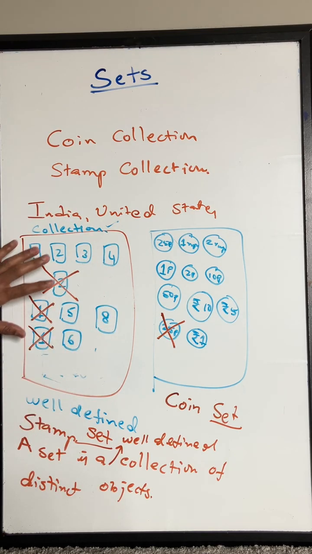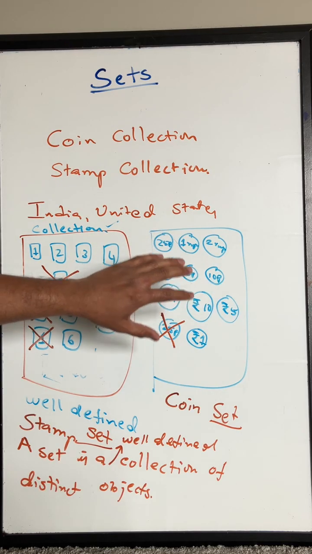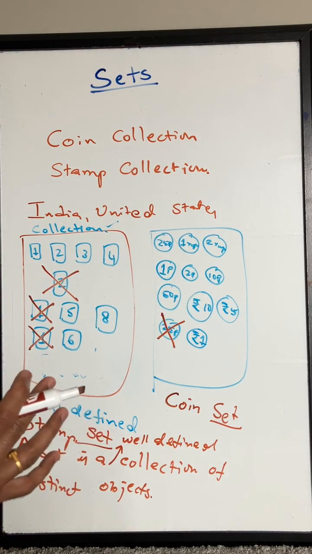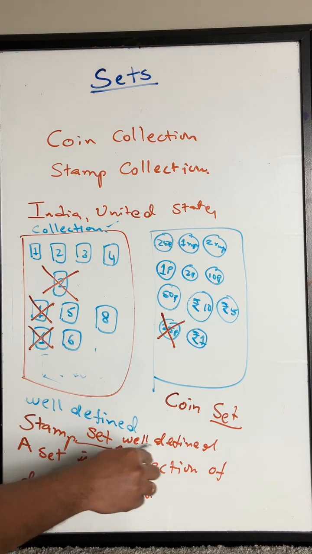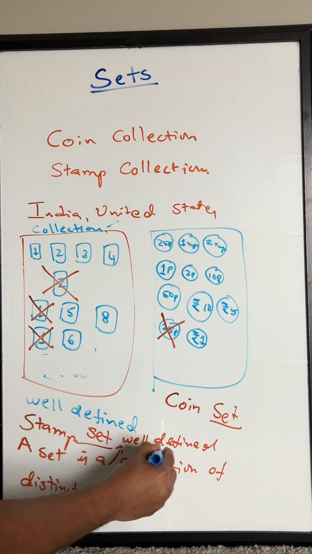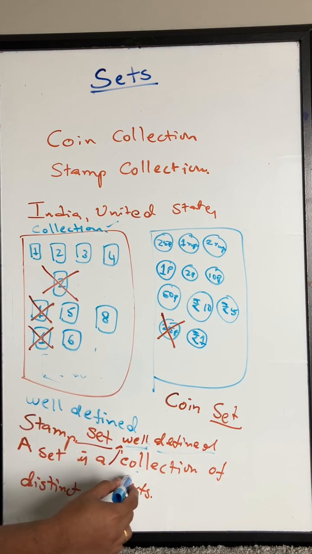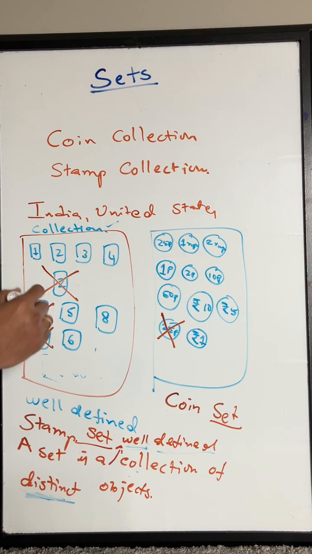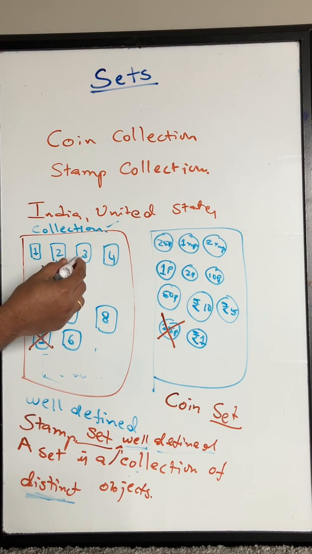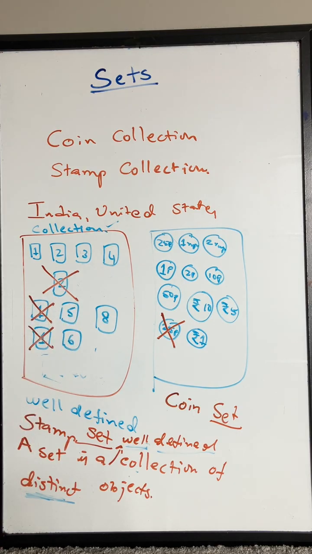So we have this collection and it's well-defined: this is a stamp collection, this is a coin collection, so we can define the groups very well. That's why we call it well-defined, and a collection, a group of things, of distinct objects. Distinct means removing duplicates. So all should be unique to each other. So 1 is different from 2, 2 is different from 3, 2 is different from 4. It should not be the same.